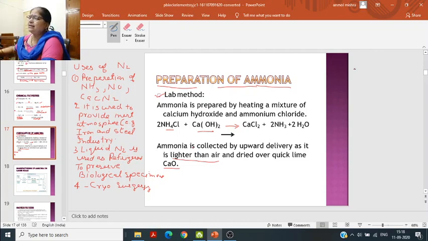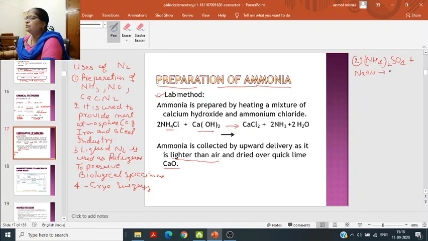Some more methods are there. Now the second method is ammonium sulfate plus sodium hydroxide.